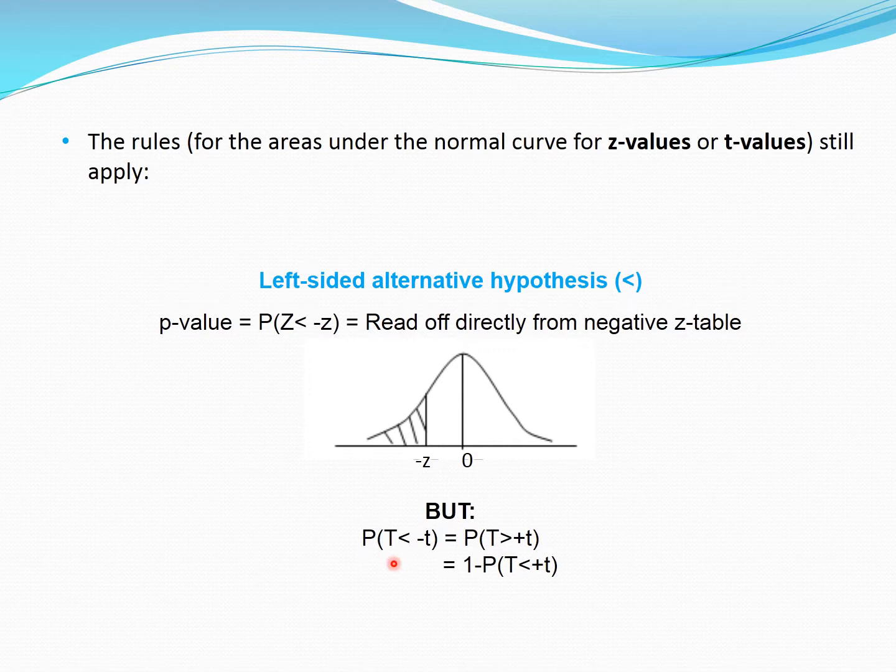But if I want to determine the probability that T is less than a negative T value, I can rewrite that as the probability that T is greater than a positive T value, and then rewrite that as 1 minus the probability that T is less than a positive T value. Since I do not have a negative T table, I only have a positive T table, and the values are given to the left-hand side of a positive T value.